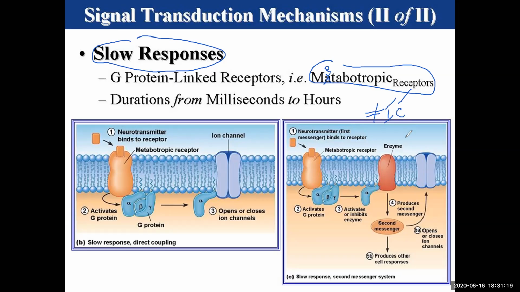So they are G protein coupled receptors. Here, there's no ion channel to be seen anywhere, okay? So make sure that you have that down, right? So there's no pore, no opening within that receptor. And they are much slower to respond than an ion channel.